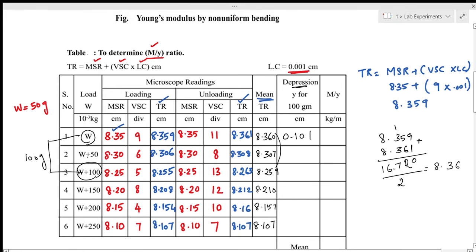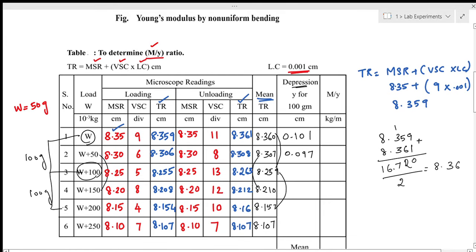And same way here, that is W plus 50 and W plus 150, the difference is 100. 8.307 minus 8.210, I get 0.097.